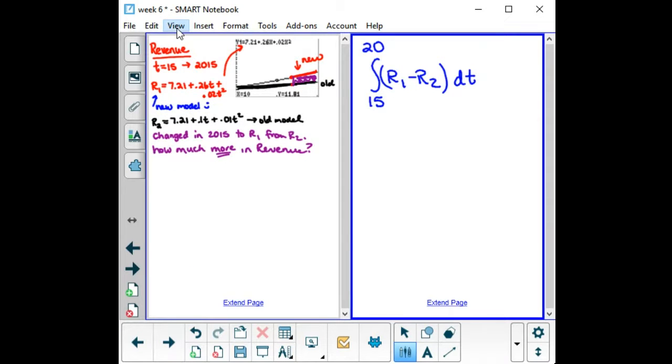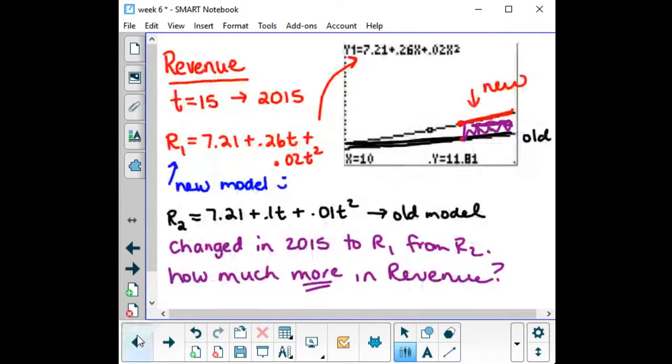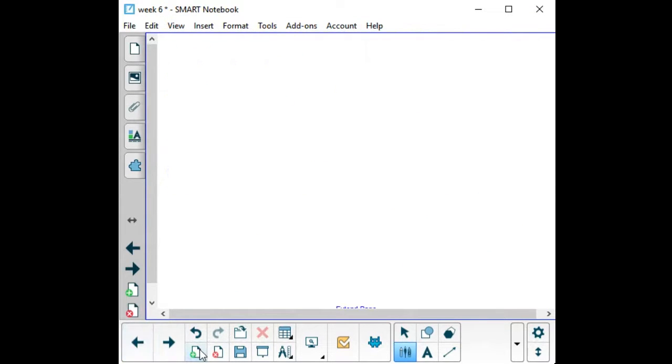Actually, let me go single page here. And let's just do a real quick 2-second recap from last week.